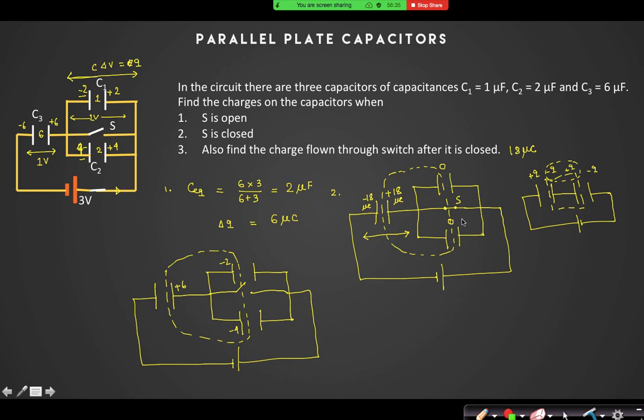These two capacitors will not carry any charge, that I have already calculated in the second question, and this will carry plus 18 microcoulomb charge. Now what is the total charge of that system? That was previously zero when isolated, now it is plus 18 microcoulomb. So through which did that charge come? Nothing but the switch, because the switch is the bridge between this isolated system and the rest of the circuit.